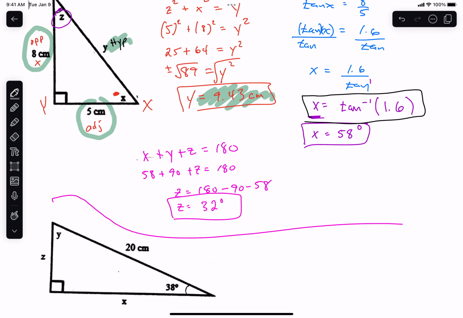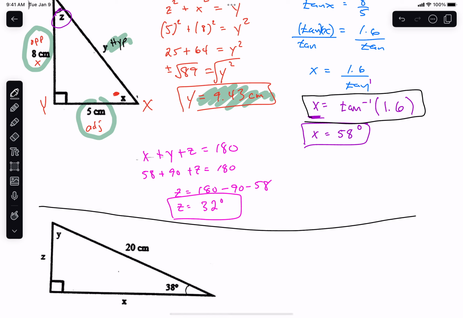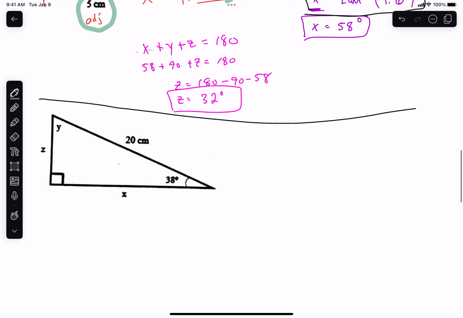Okay, so let's do the last one because this last one's a little bit different too. What would you solve for first? I would get the angle Y first, right?